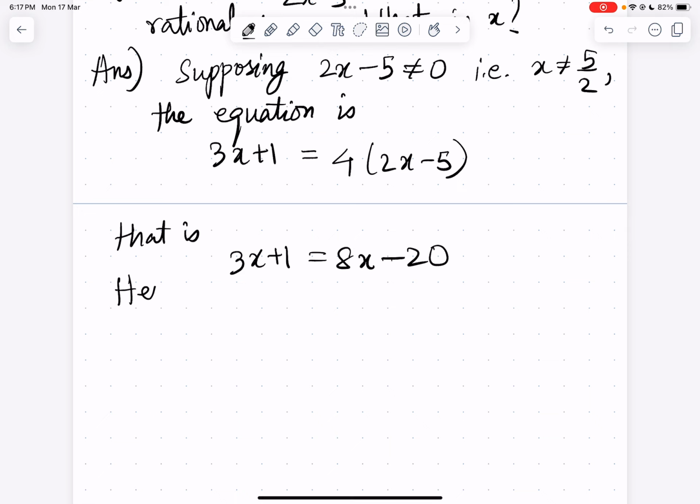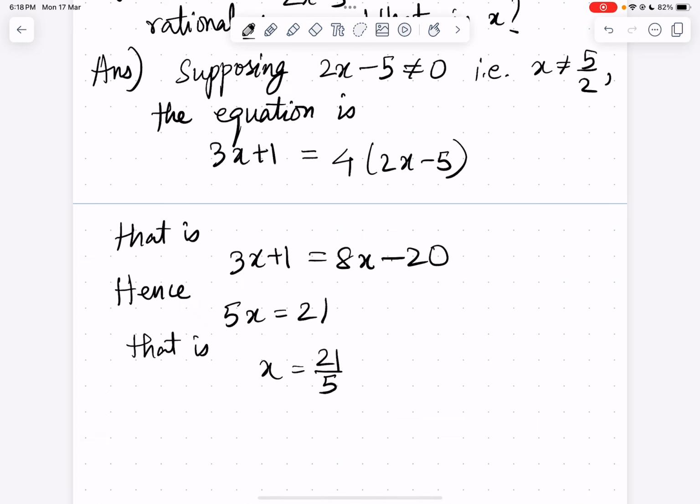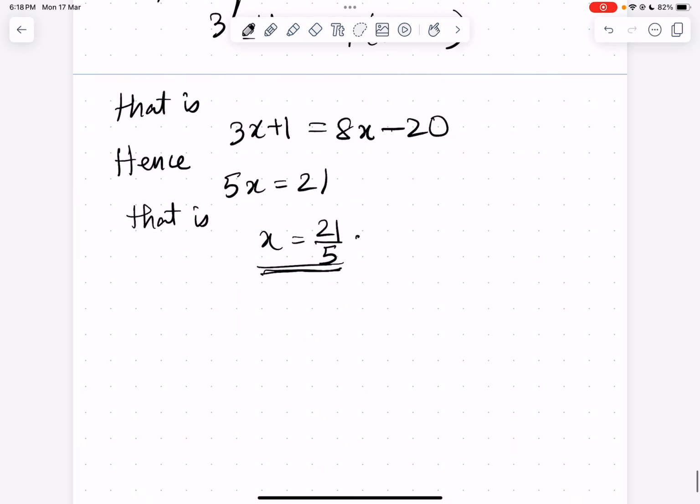Hence 5x equals 21, right? That is x equals 21 by 5. Hence x equals 21 by 5.